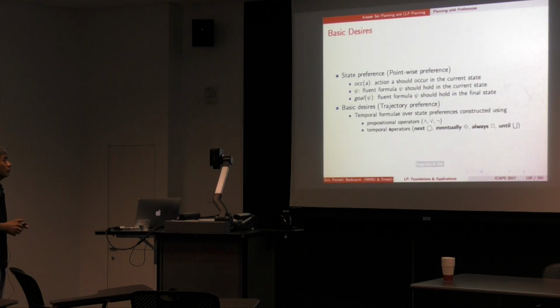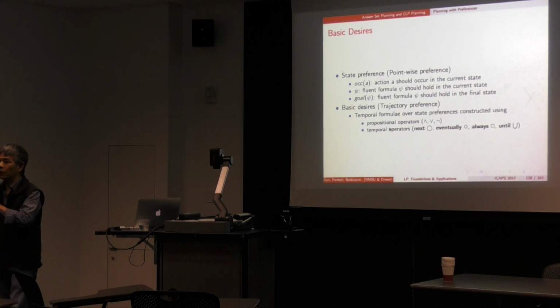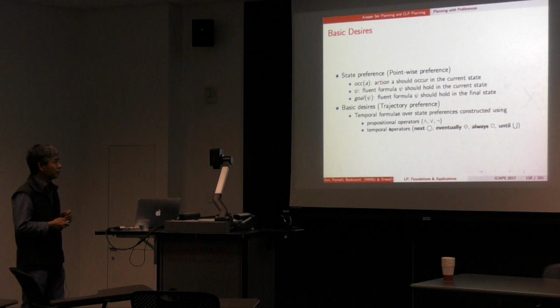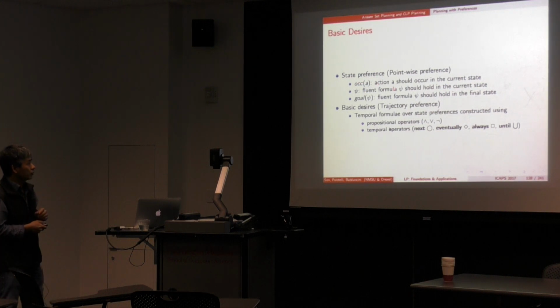So we have two types of basic design. One is the state preferences, and the other one is the trajectory preferences. For example, I want to visit a certain state before we reach the goal. That's a state preference, and it is expressed by a form like either this action has to occur at some state, or this fluent formula has to be true, or this goal has to be true.